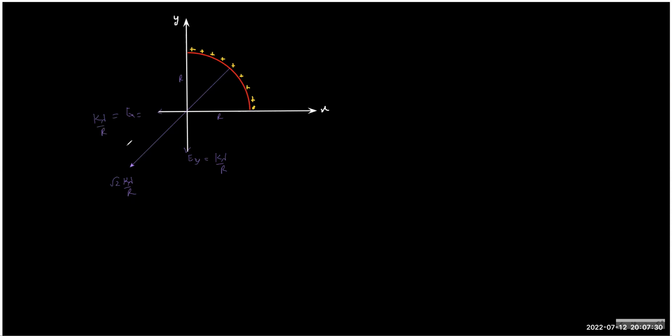So there is a relationship: if we have a quarter ring, every component is going to be equal. For the obvious reason, it's 45 degrees, which means the two vectors are equal, and the answer is also easy to remember, k lambda by r. So what if we have a half ring?